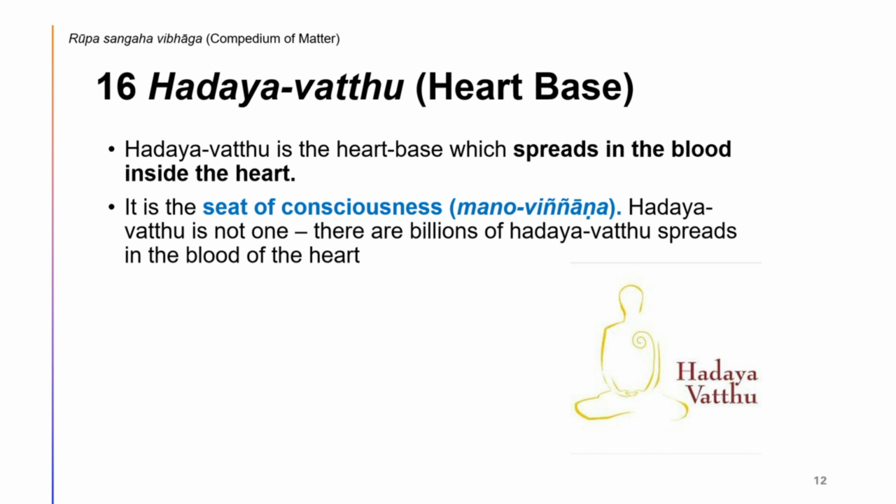The YMBA also mentioned this. It is blood, not the heart, although they mention heart base. Mention of the heart base has been made in Patthana, the last book in the Abhidhamma Pitaka, in the following manner. The translation should be: the material thing based on which the mind element and the mind consciousness element occur. That material thing is the condition, by way of basis, of the mind element and the mind consciousness element and what is associated with them.